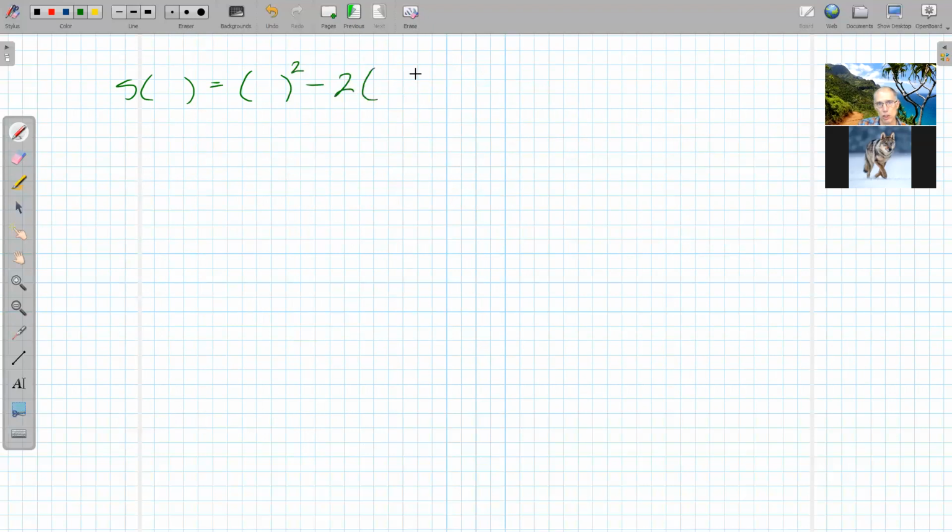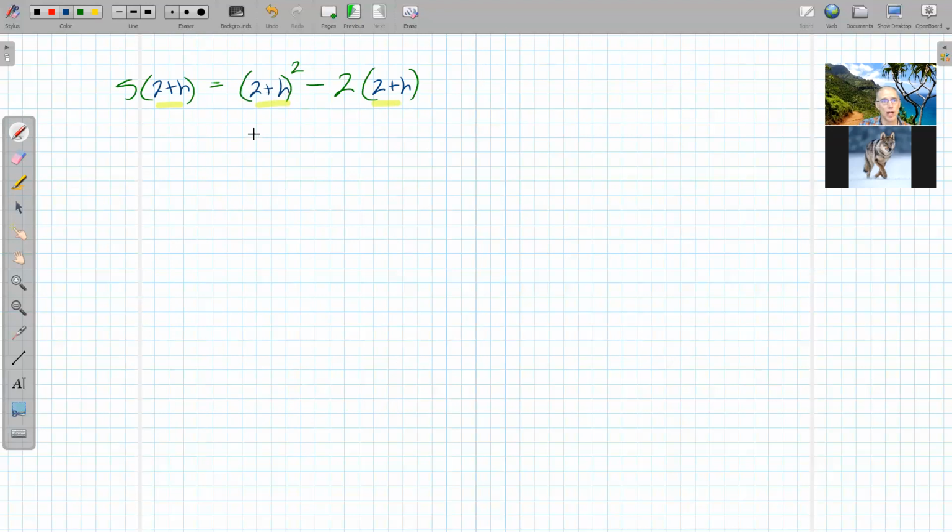So I can view my function like this, and then whatever I'm told to put here, I just put there and there. Right? And so the hardest part of this problem, I think, is plugging in the 2 plus h in all the different spots and making sure that goes right. So I like to just isolate that, do it first, and then go into the fraction. So remember, squaring something means multiply it by itself.